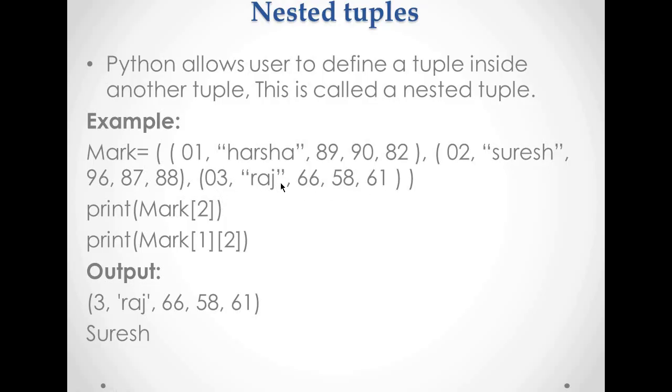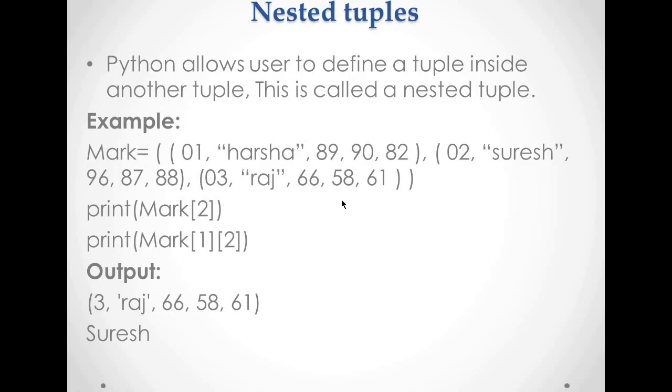So how can we access the values in the nested tuple? Here we are going to print the value which is at the index 2. As we know, it starts from 0, the first inner tuple has the index 0, the second inner tuple has the index value 1, and the third inner tuple has the index value 2.